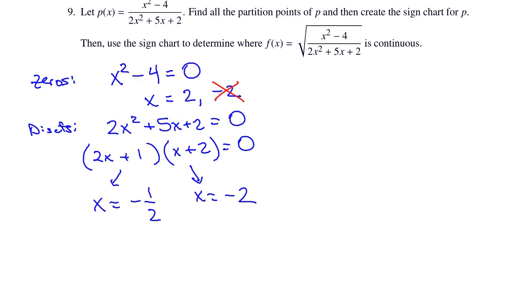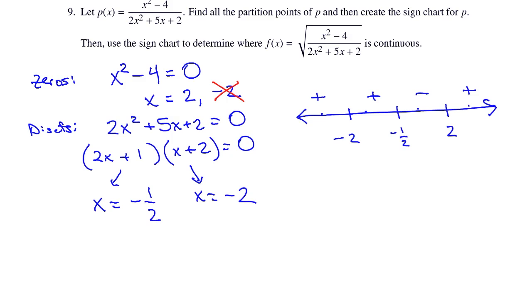Now let's create the sign chart. We need to list these points in order, and so that's -2, -1/2, and 2. Then you test points in the middle of these intervals to see if they're positive or negative. And we had positive, positive, negative, and positive.